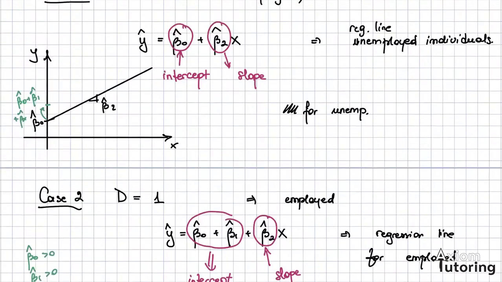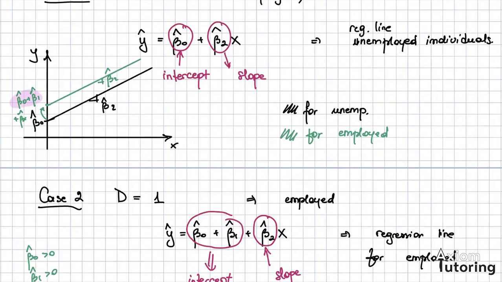So technically, I have a parallel line to my initial black line here. So this now is a new regression line with the slope beta 2, but with an intercept of beta 0 plus beta 1, which means this green line is the regression for the employed.